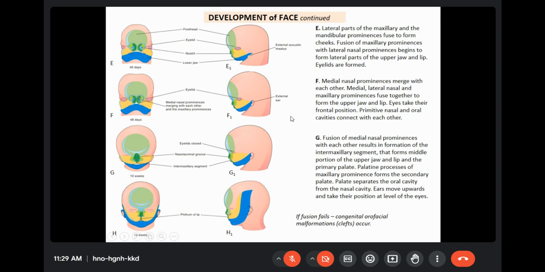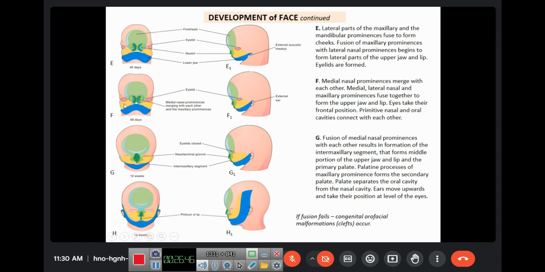In the next stage, you see that the medial nasal processes, left and right, migrate to the midline and start to fuse together. Medial, lateral nasal processes and maxillary processes start to fuse together to form the upper jaw and lip.